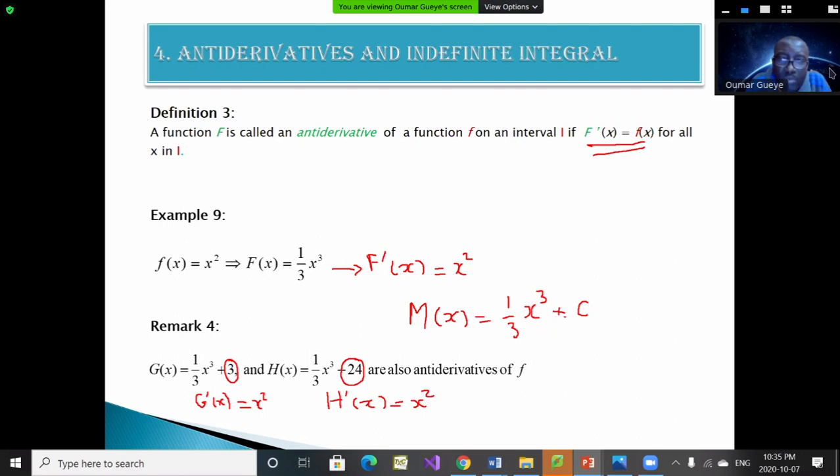And it's a family of functions, because as soon as you fix the value of c, you get one antiderivative function. When c equals 0, you will get this case. When c equals 3, you will get g. When c equals -24, you will get h. And when c equals root of 7, you get another antiderivative function. Okay? So that's why, when you guys want to get the antiderivative functions, sorry.